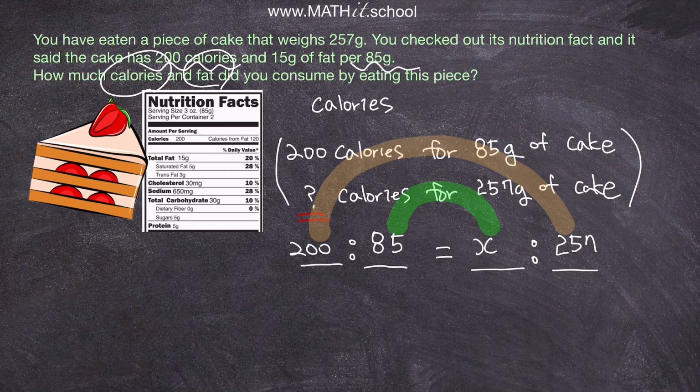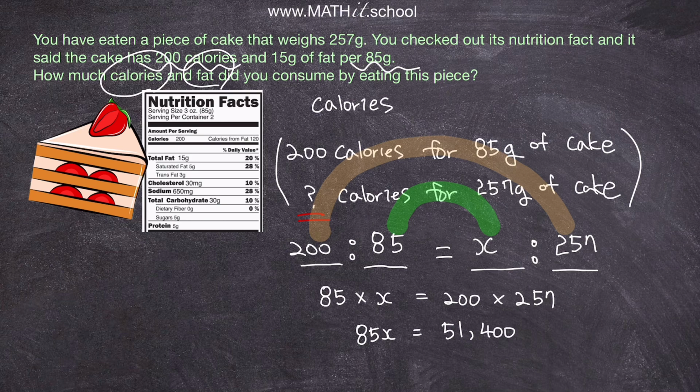So 85 times x equals 200 times 257. I have 85x equals 200 times 257, which is 51,400.